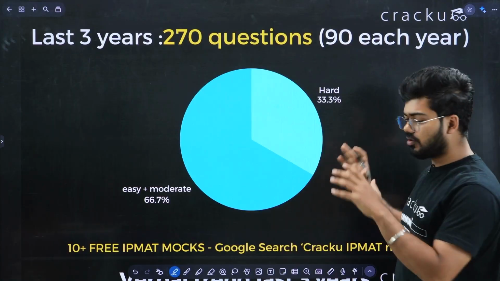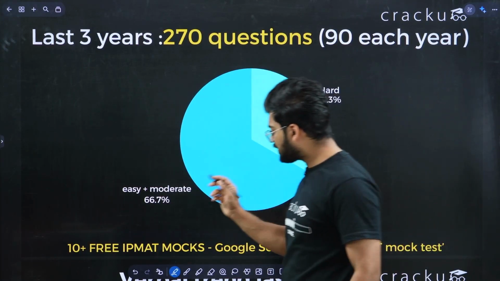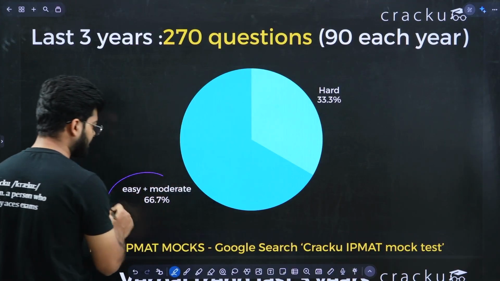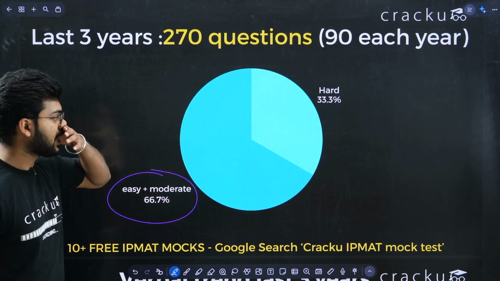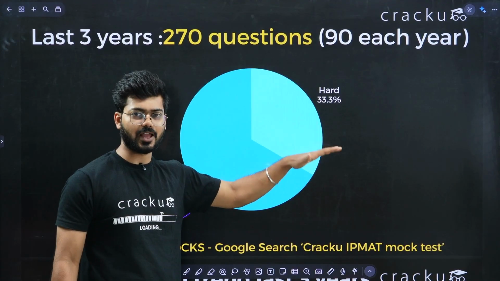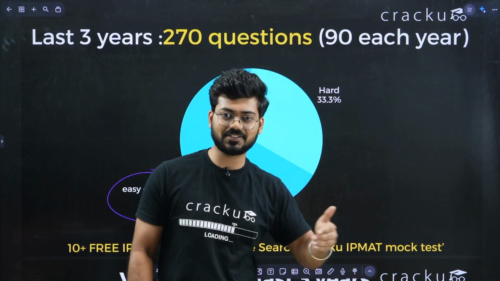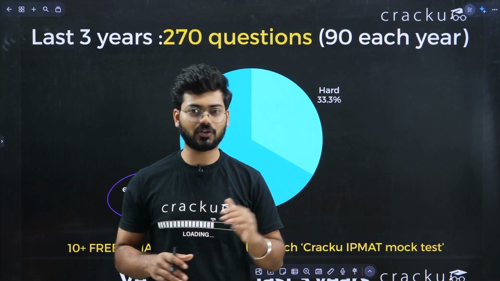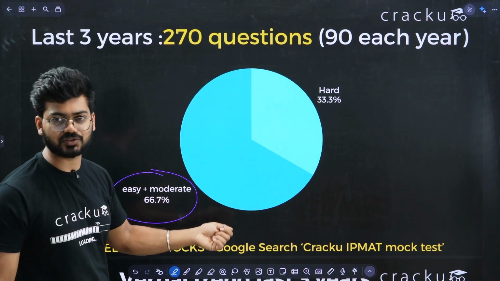By observing those questions, we have come to the conclusion that 66.7% of the questions are easy to moderate and 33% are hard. Now, the question comes, how am I categorizing the questions as easy, moderate and hard? First of all, disclaimer, this is not a hard and fast rule.